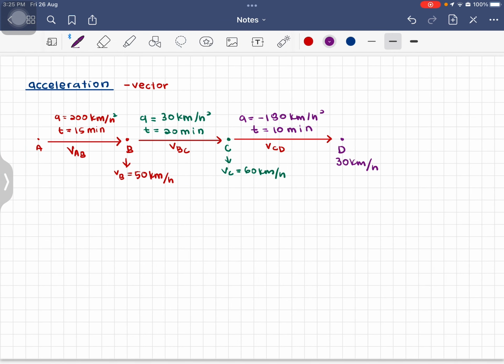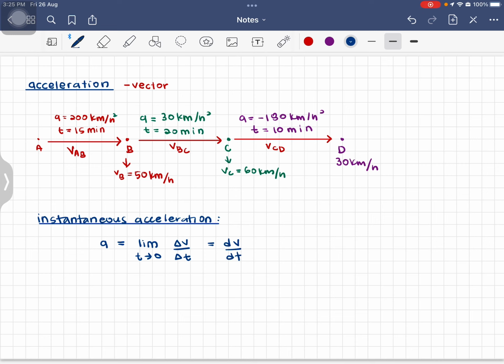Okay, instantaneous acceleration. By definition, instantaneous acceleration, we can say A equals the limit as t approaches 0 of delta v over delta t, or you can say A is the derivative of v with respect to t.